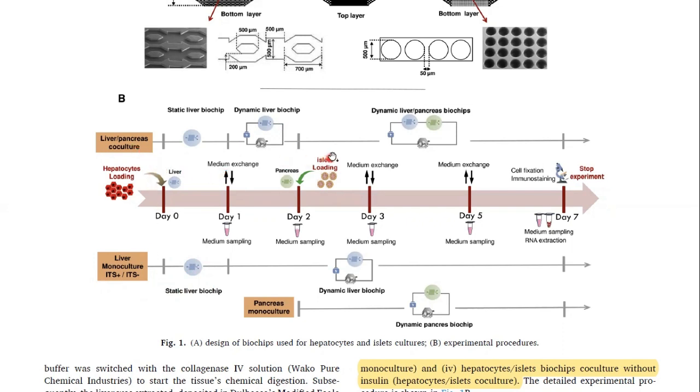The pancreatic islets biochip monoculture, only islets, and the liver-pancreas coculture, hepatocytes and islets of Langerhans without insulin.